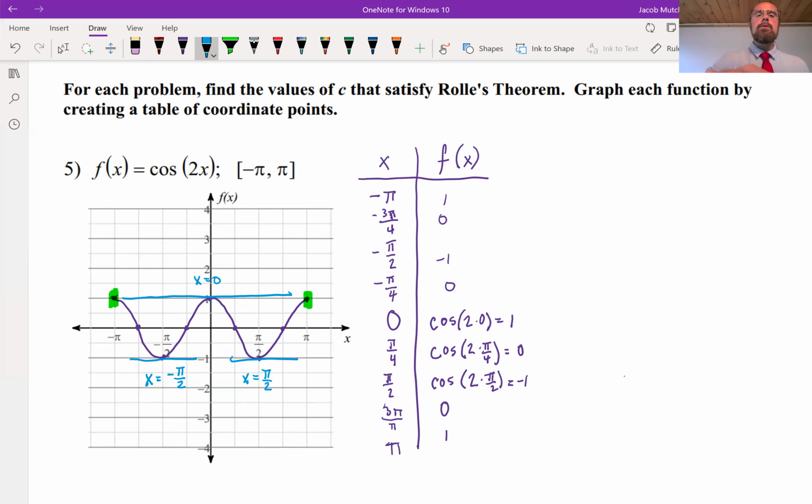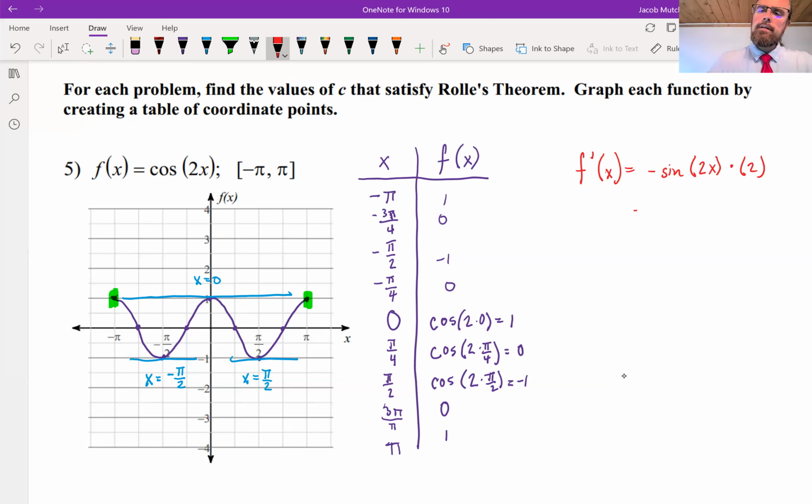What I need to do is follow up with the algebra. So remember, Rolle's theorem says that if I satisfy the criteria, then the derivative should have at least one critical point there. So f prime of x is going to be negative sine of 2x, and then I need to use chain rule, take the derivative of that 2x, so it's times 2.